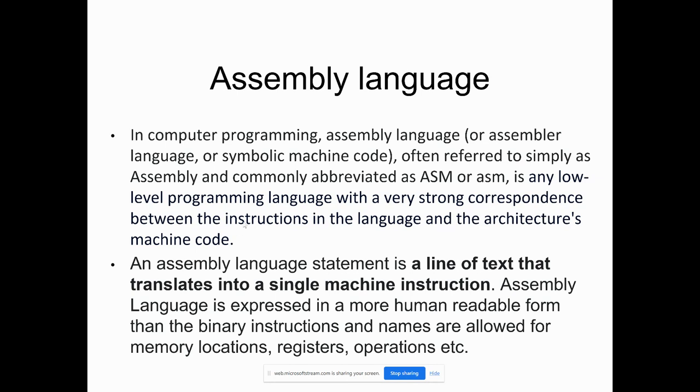It's a low-level programming language with a very strong correspondence between the instructions in the language and the architecture's machine code. An assembly language statement is a line of text that translates into a single machine instruction. Assembly language is expressed in a more human-readable form than binary instructions, and names are allowed for memory locations, registers, operations, etc.